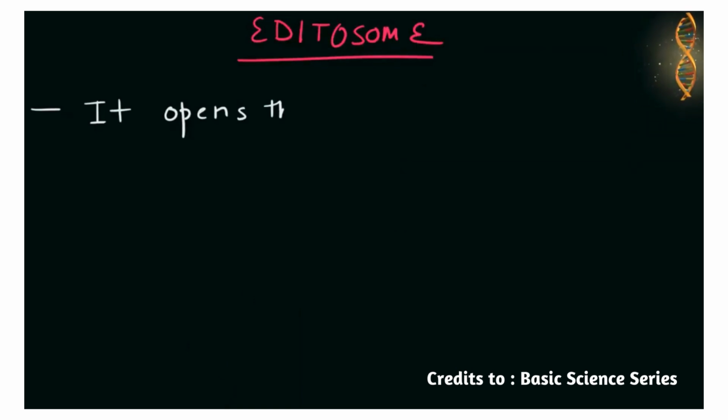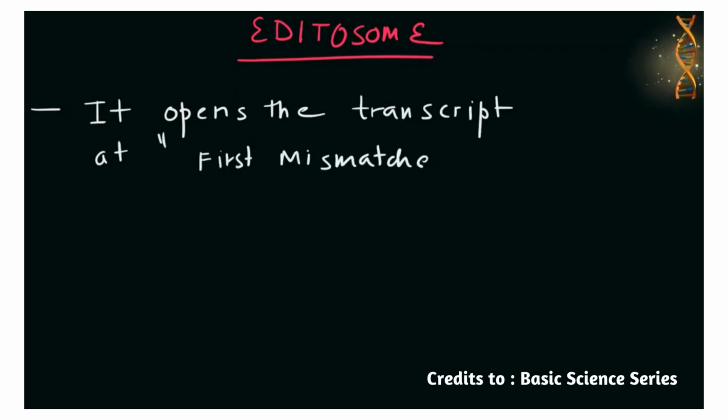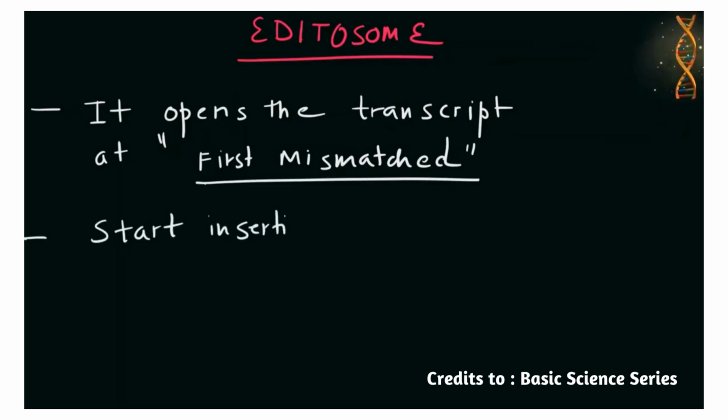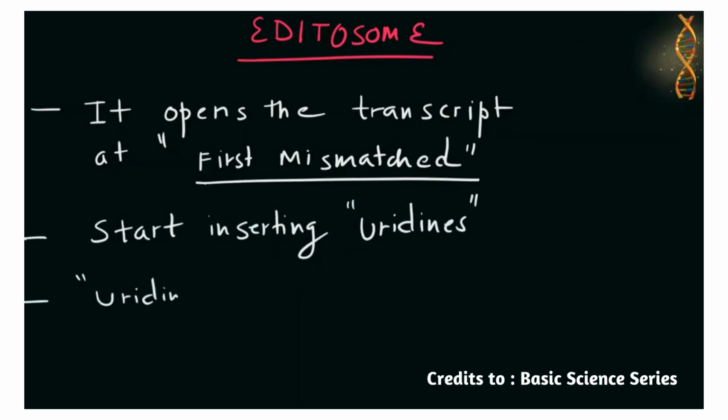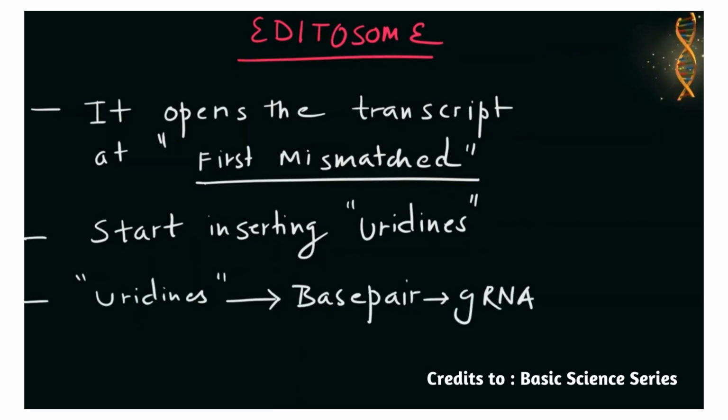The editosome opens the transcript at the first mismatched nucleotide and starts inserting uridines. The inserted uridines will base pair with the guide RNA, and insertion will continue as long as A or G is present in the guide RNA and will stop when a C or U is encountered.